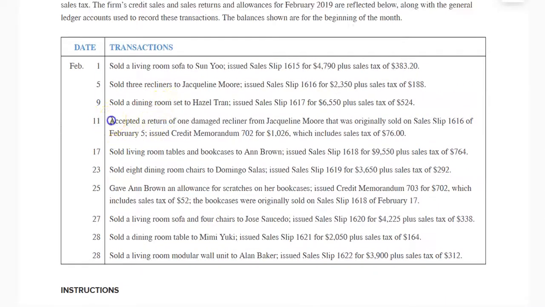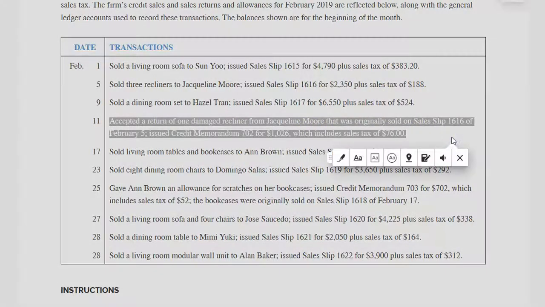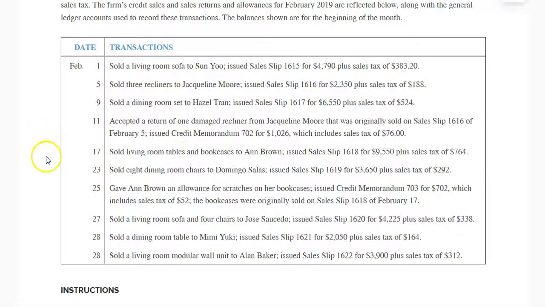Okay. Anytime we see something like this, we know that all sales allowances and sales returns go into the general journal. So that's why we have this February 11th one. So this is the information that we need to post. We accepted a return from Jekyll and Moore, originally sold on February 5th.